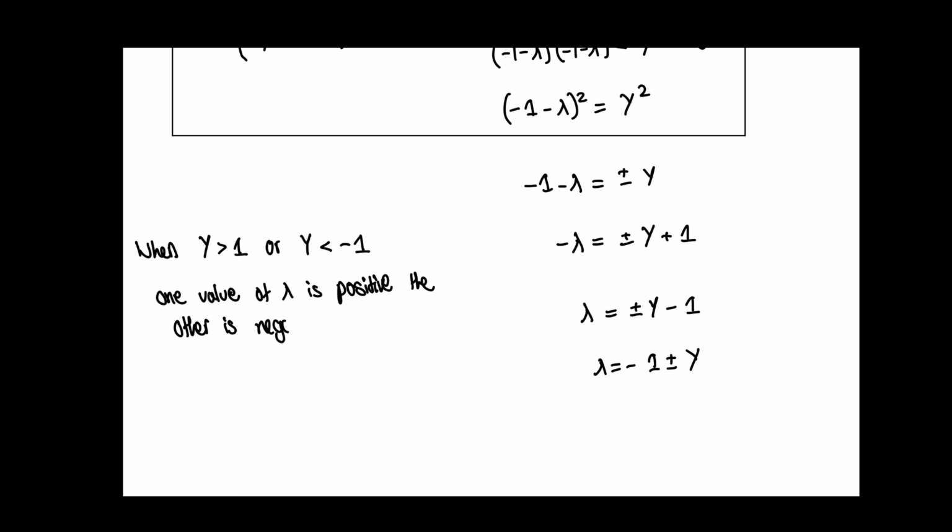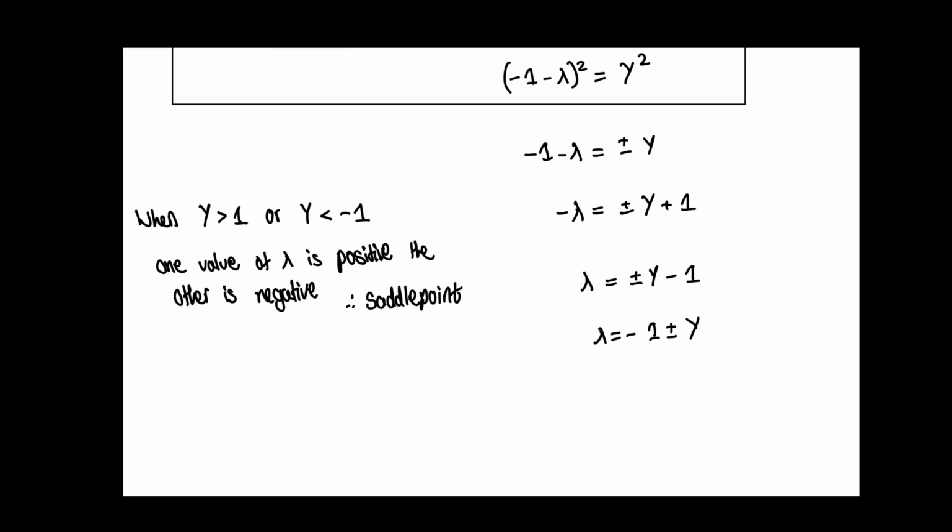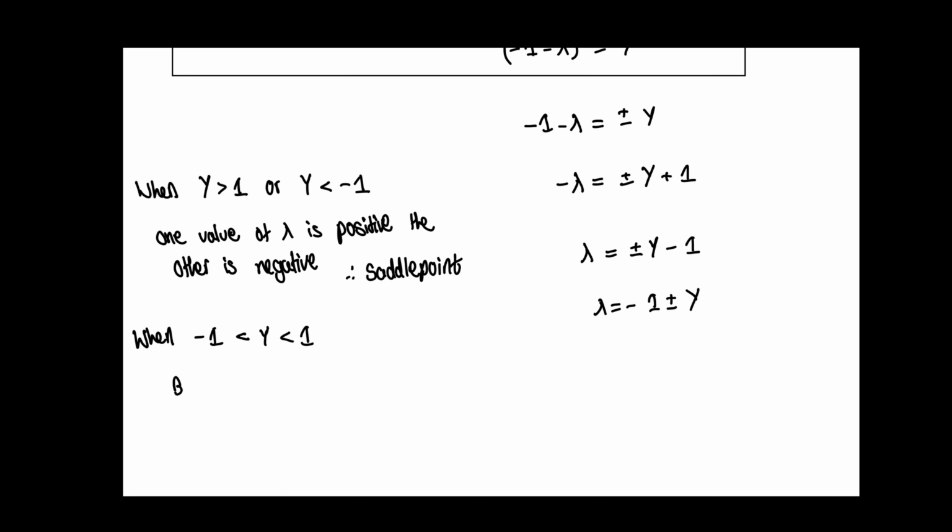So from this, we can see that when y is greater than 1 or y is less than minus 1, one value of lambda is positive and the other is negative. When this is the case, we have a saddle point. And when y takes a value between minus 1 and 1, both values of lambda are negative.